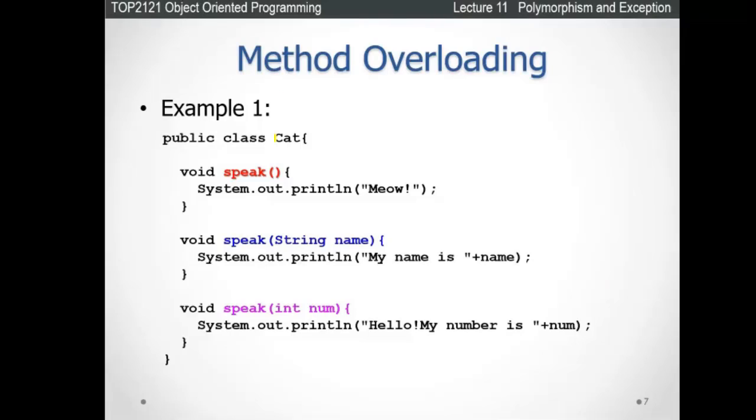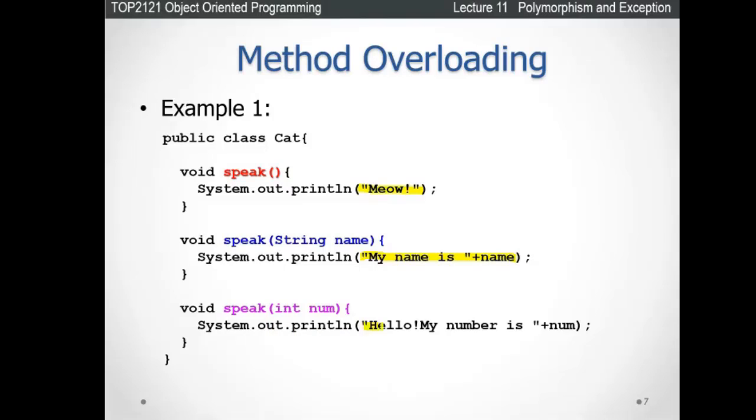Look at the function overloading example. There is a function called speak in the cat class. This output is meow. Another function is also speak, but with one parameter of string type, and this is its output. Another one is also speak, but the signature, or parameter, is different.